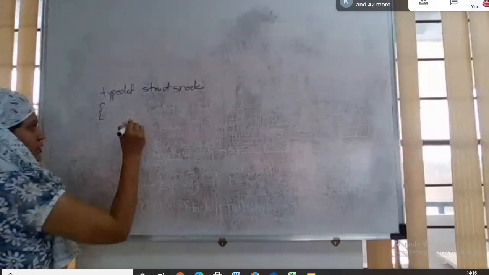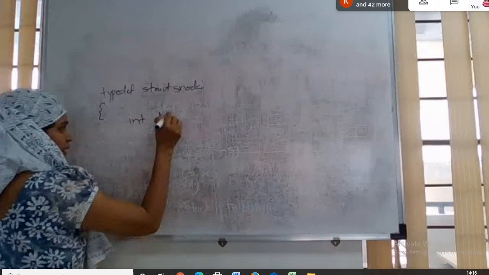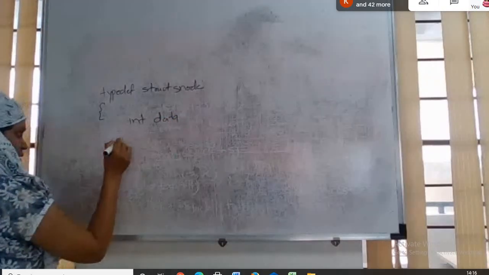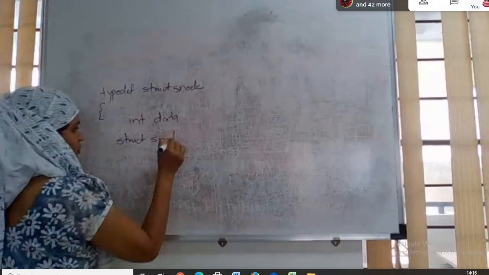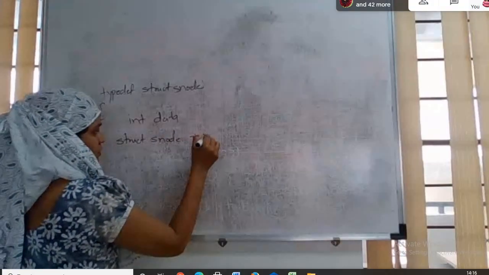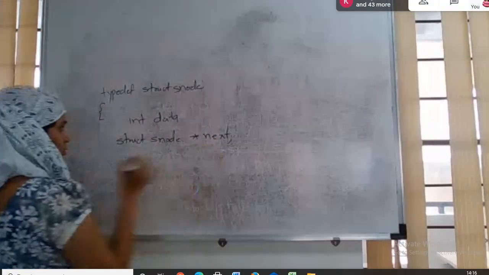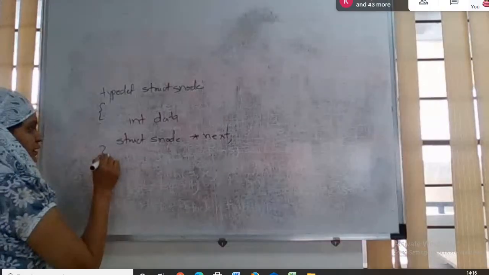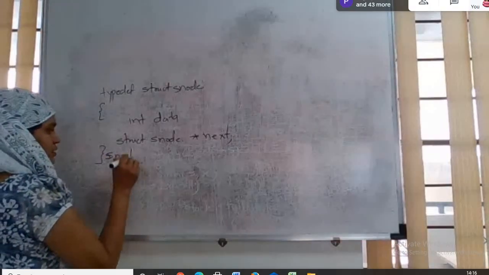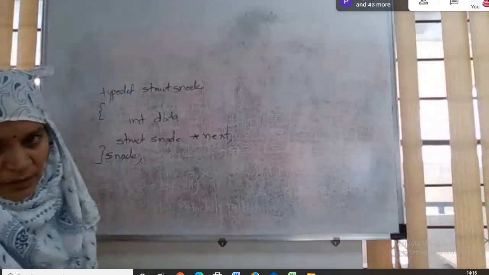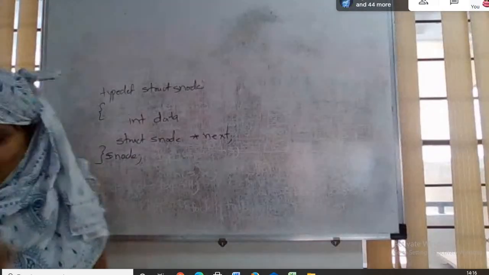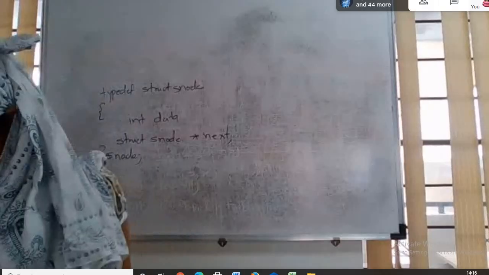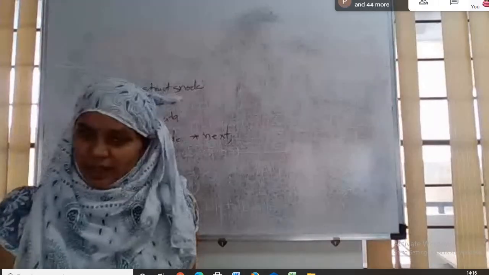Type of data. So I will use int data and struct S node pointer next, and then this is nothing but the structure for node of the stack, and we are implementing stack using linked list.